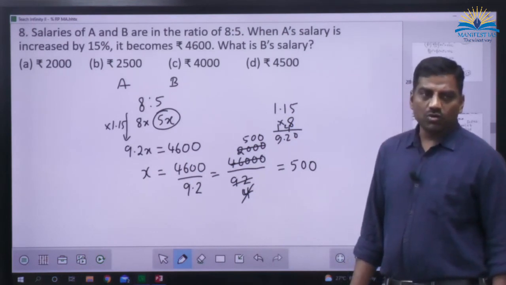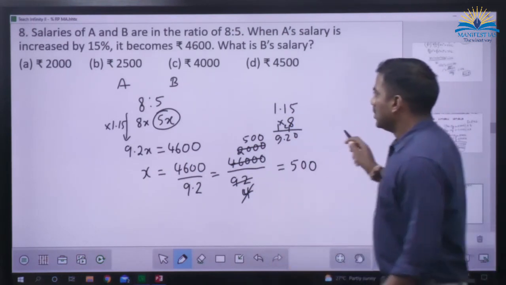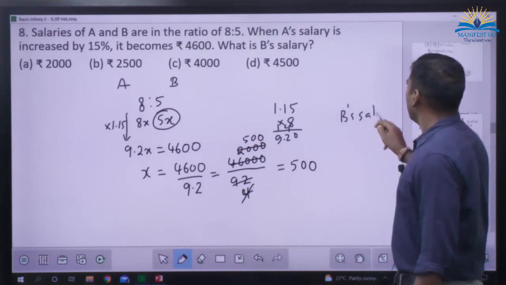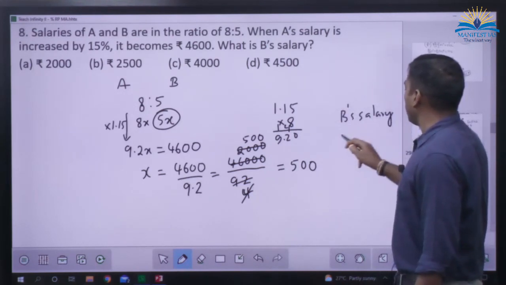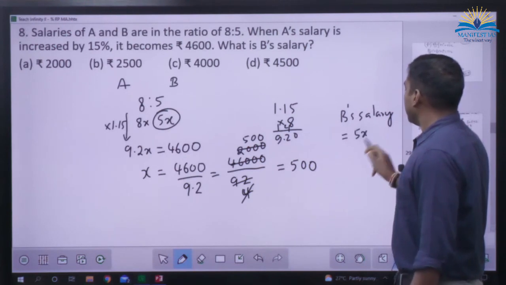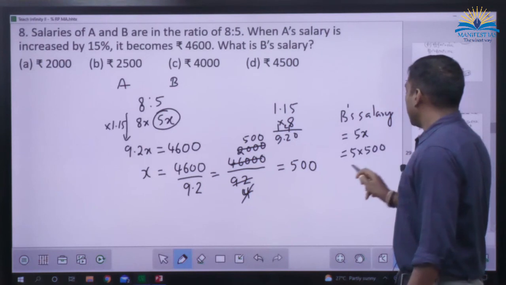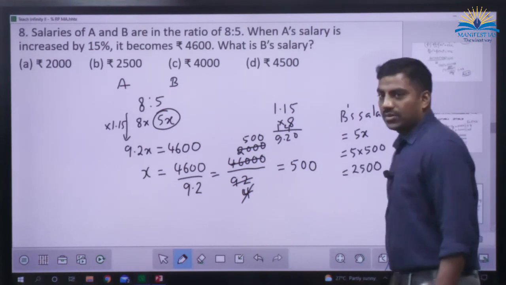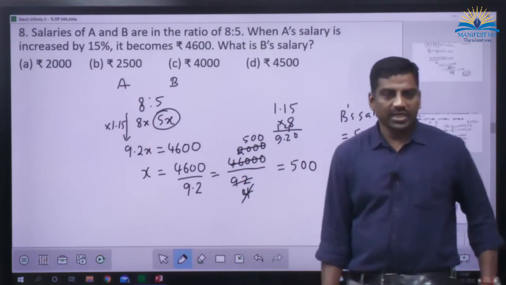So B's salary is equal to 5x. That is equal to 5 into 500, that is equal to 2,500. Fine? Yes?